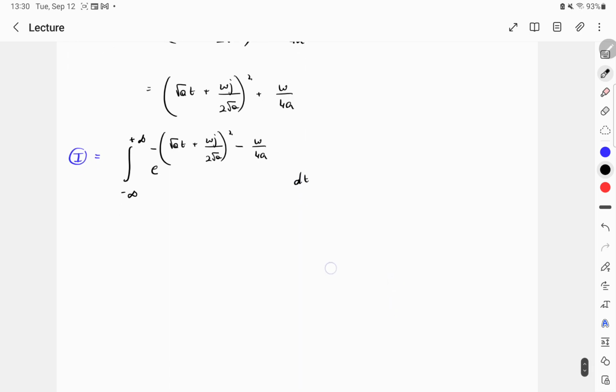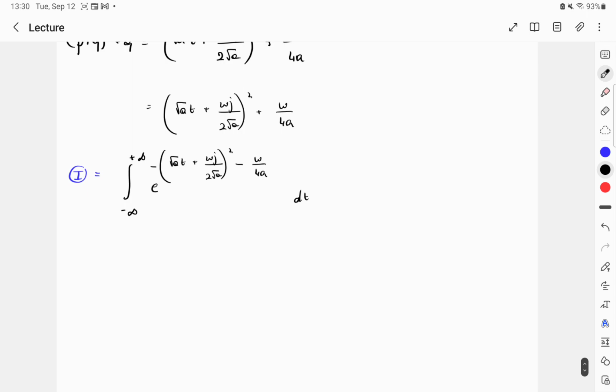So we can see that since these are subtracted, we can just separate these two, and we can write it like this. And since our dummy variable is t here, and there's no t in this part, this is a constant, right?